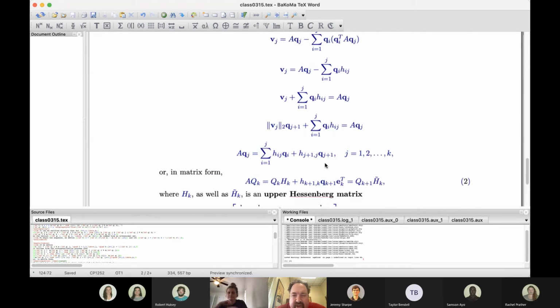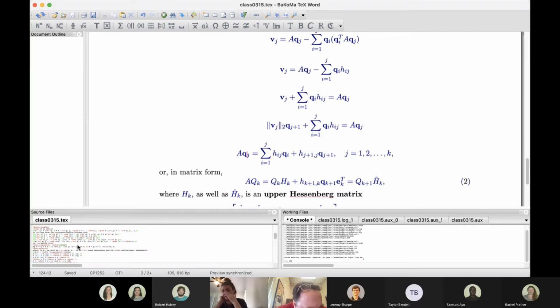But this one's going to help me figure out how to compute solutions to Ax equals b. Because now, if I write out this relationship for each j from 1 to k, then the left sides, A q_1, A q_2, etc., form the columns of A times capital Q_k.